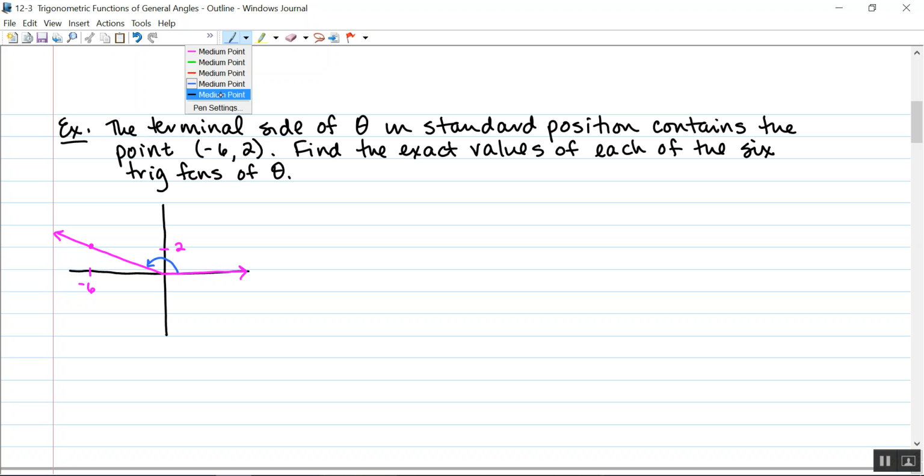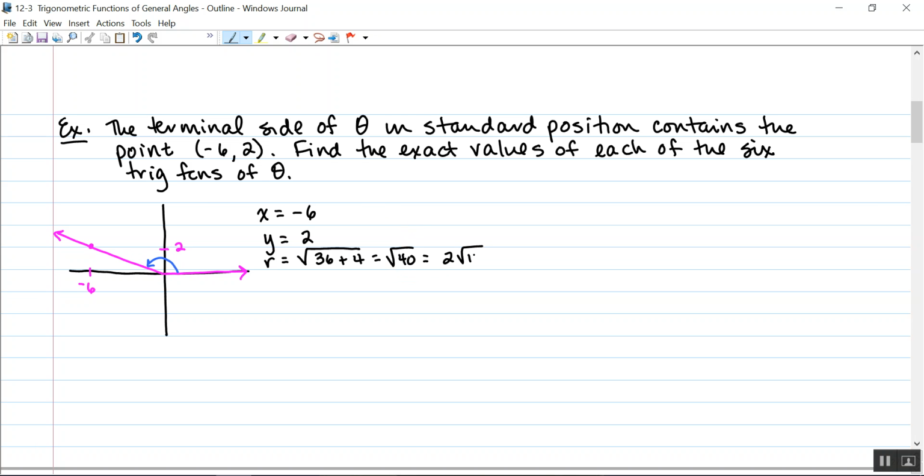Looking at this, I know that my x is equal to -6, my y is equal to 2, and my radius, I'm going to do the square root of x squared plus y squared, which is the square root of 40, which simplifies to 2 square root of 10.